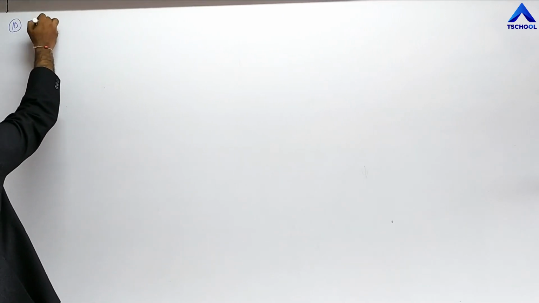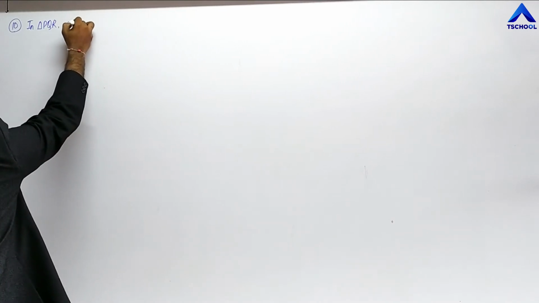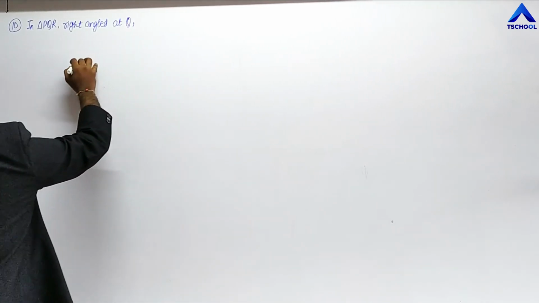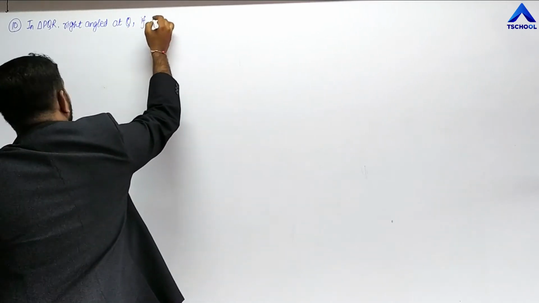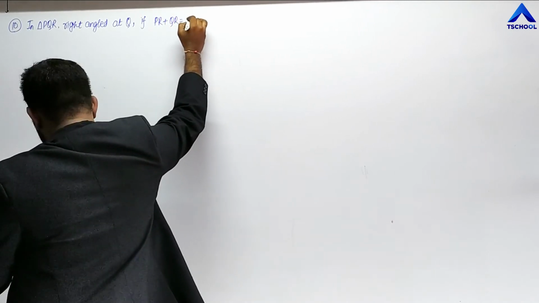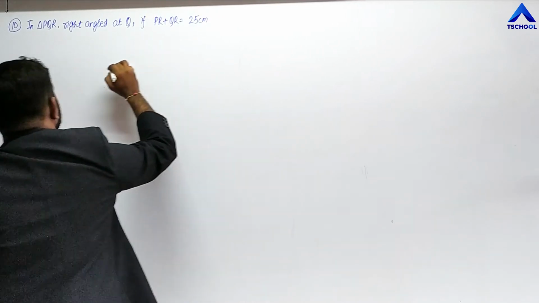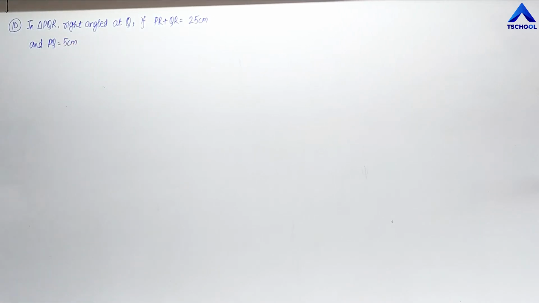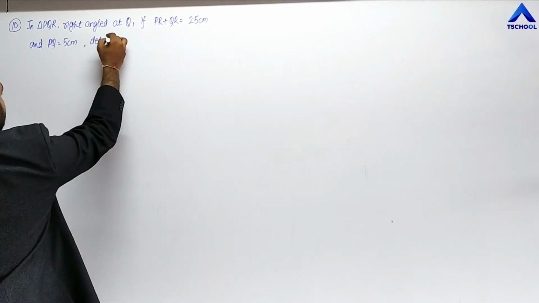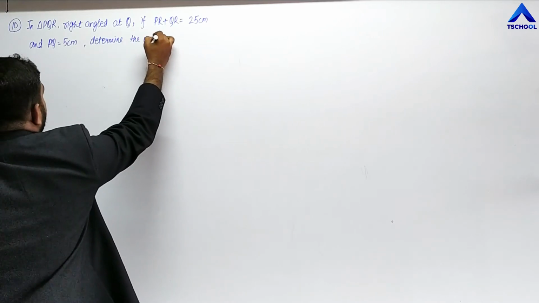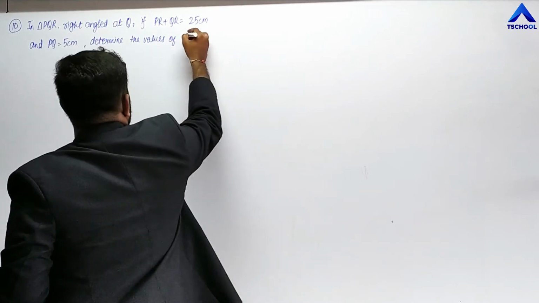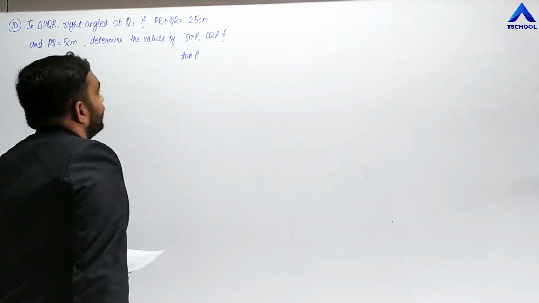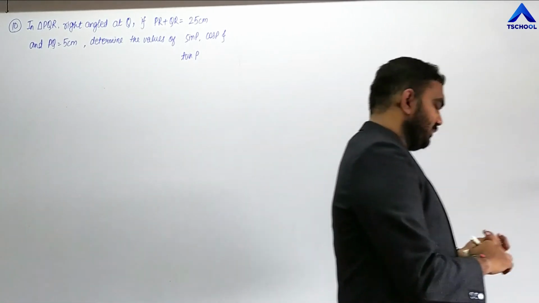In triangle PQR, right angled at Q, if PR plus QR is equal to 25 centimeter and PQ is equal to 5 centimeter, then determine the values of sin P, cos P and tan P. You need to determine the values of these three, sin P, cos P and tan P.